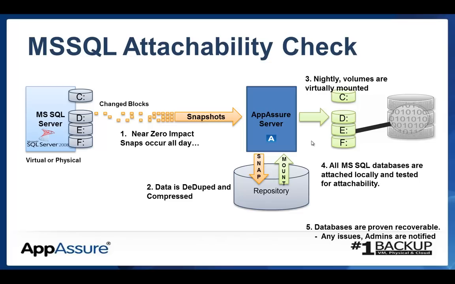So on a nightly basis, I know that the volumes are sound, and I know that my SQL data, if called upon, will always work. Removes all of the doubt. Makes it so that you have always the ability to sleep at night.